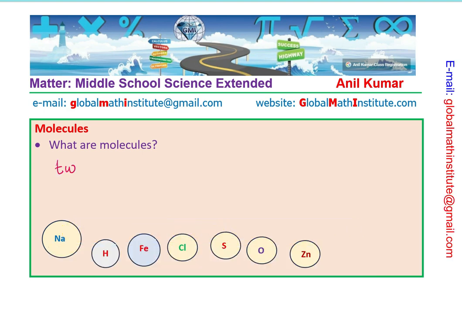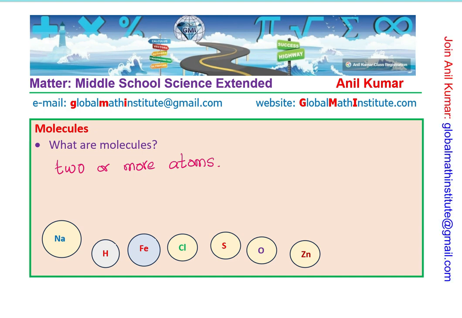So, first thing is they can be formed by two or more atoms. Atoms on their own are not stable. So, atoms combine to form molecules, which is a stable state where we have a complete characteristic of that particular molecule.